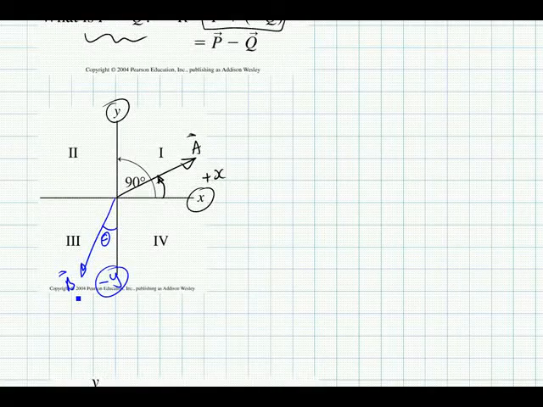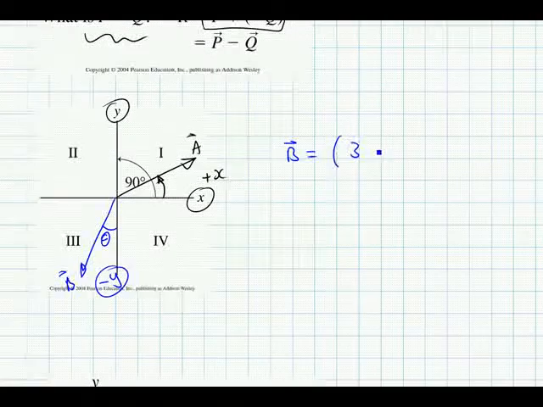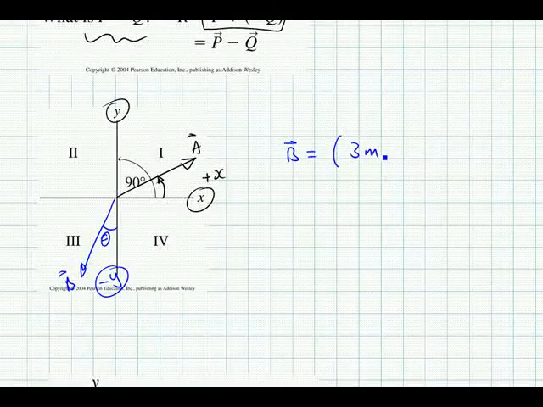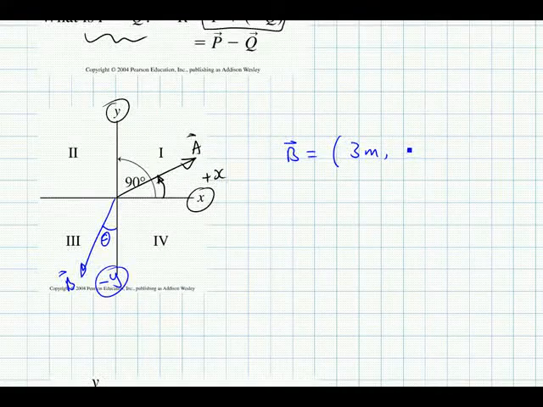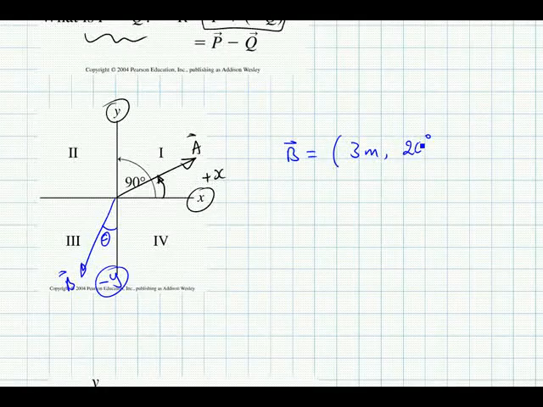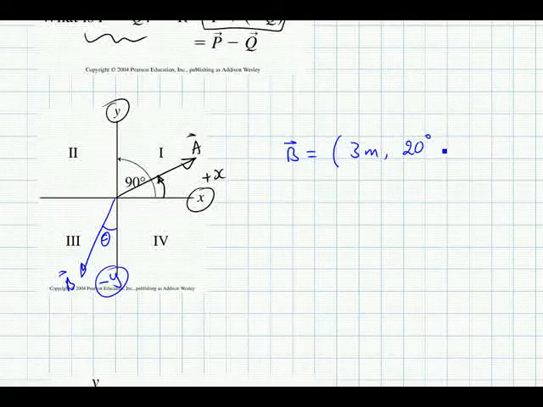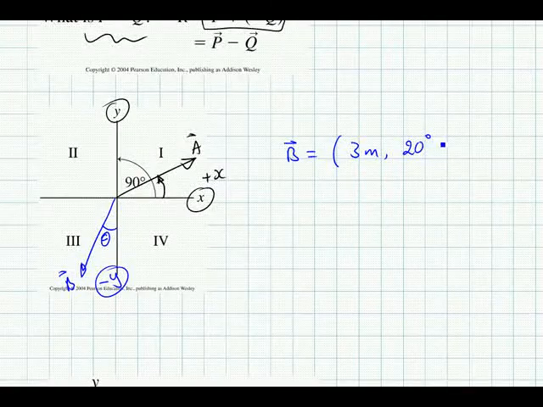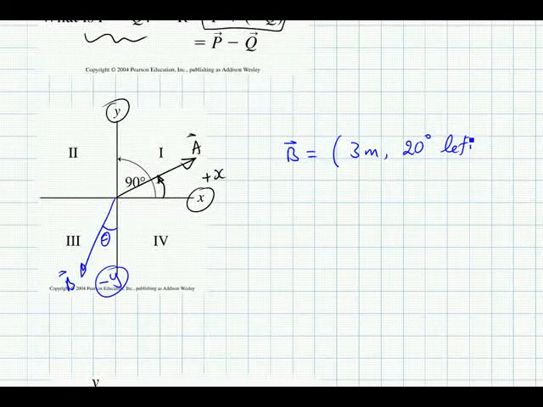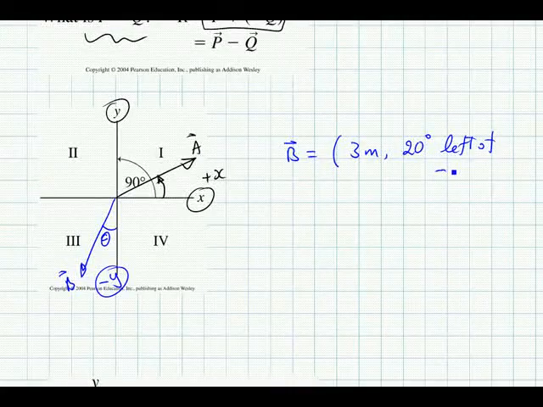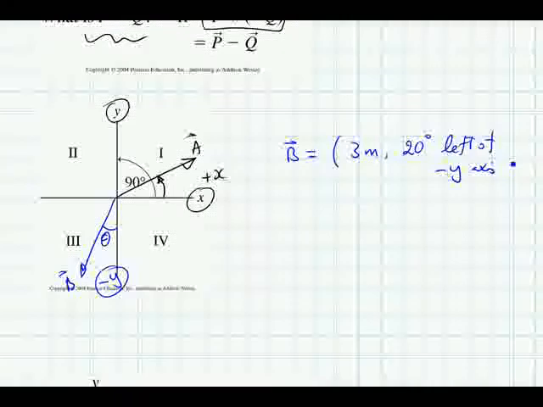If you do that, it's important that you write b is equal to, for example, some magnitude, 3 meters, and its direction is 20 degrees left of the negative y-axis.